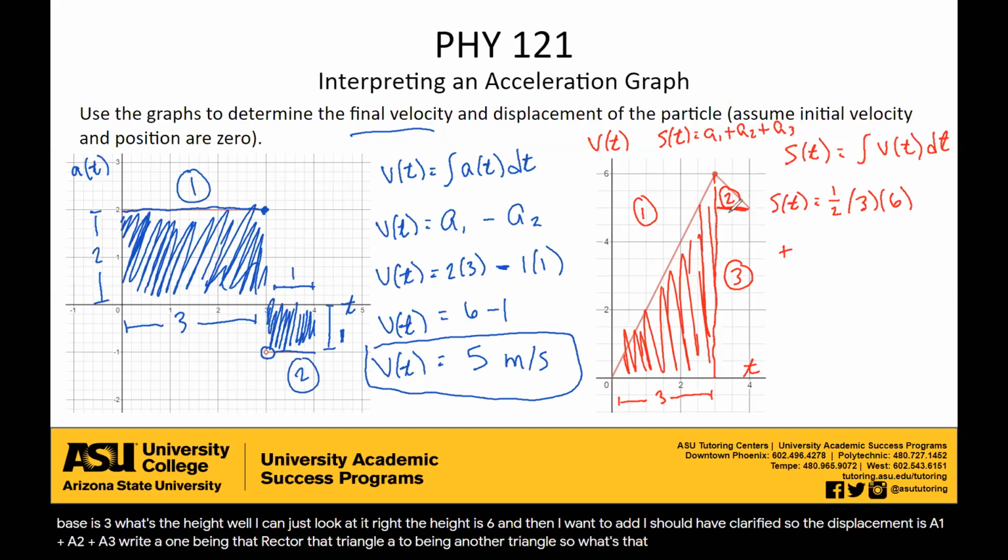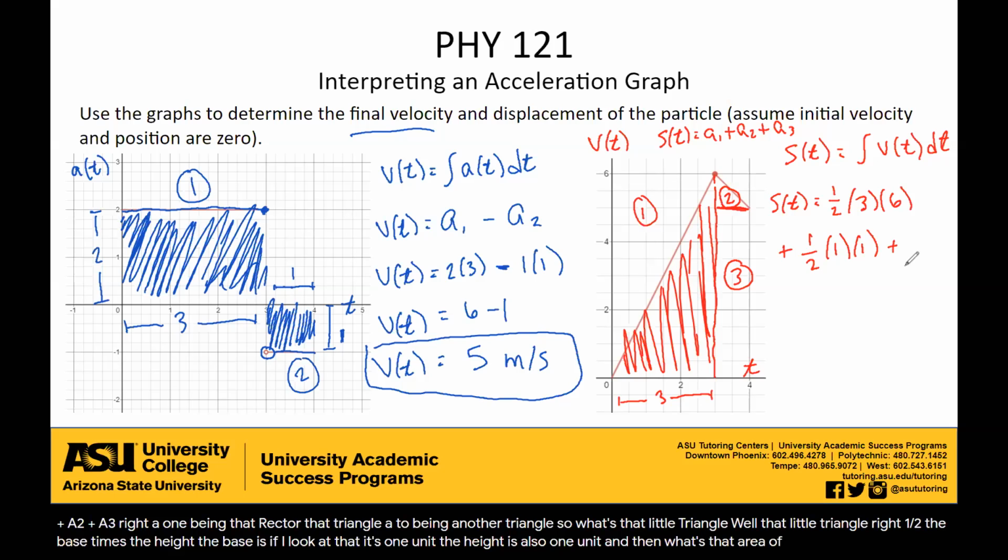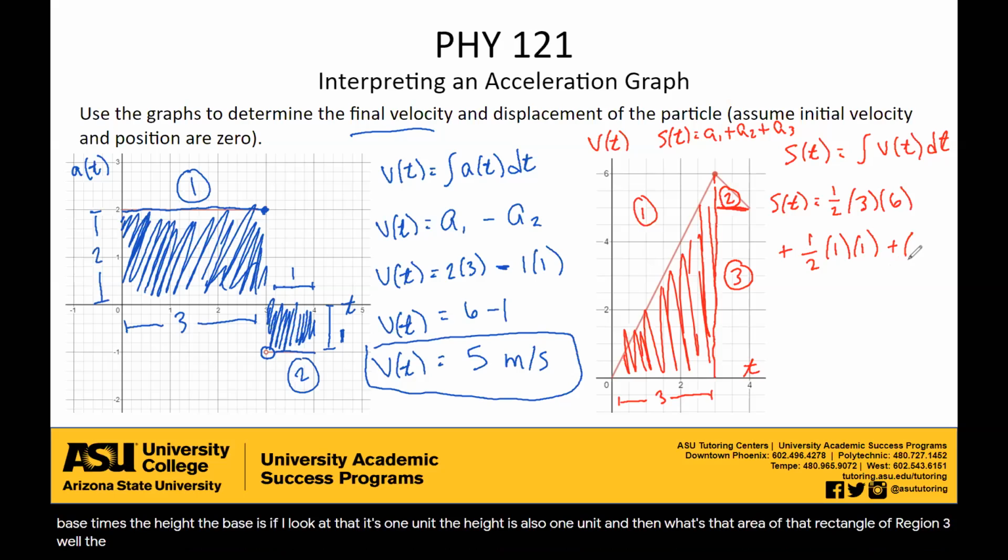So what's that little triangle? It's 1/2 the base times the height. The base is 1 unit and the height is also 1 unit. And then what's the area of that rectangle of region 3? The base is 1 unit and the height is 5 units.